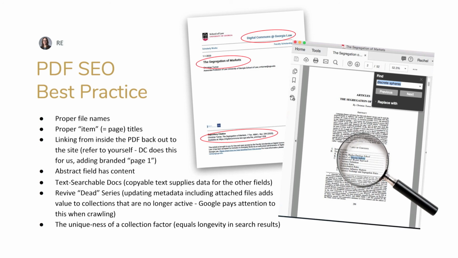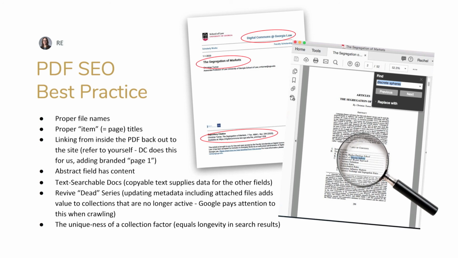Many of these documents that were loaded in the infancy of our repository between 2006 and 2008 were just scanned as images and uploaded en masse, and not all of them had proper file names. The names for the items, which for our repository each item has its own page at a certain level, and so the page titles that Google was searching and indexing did not always match what a human would search Google for.